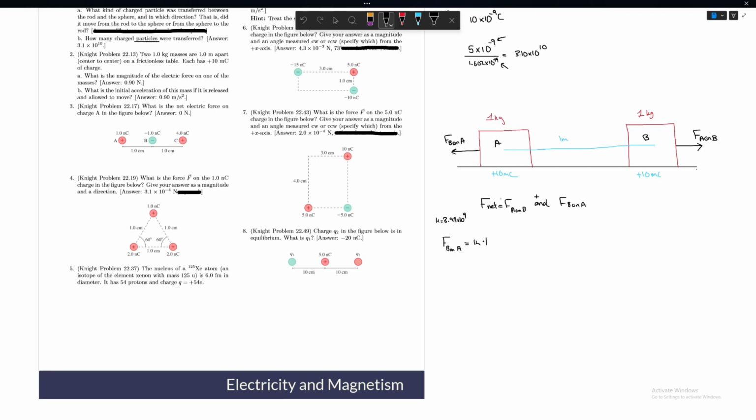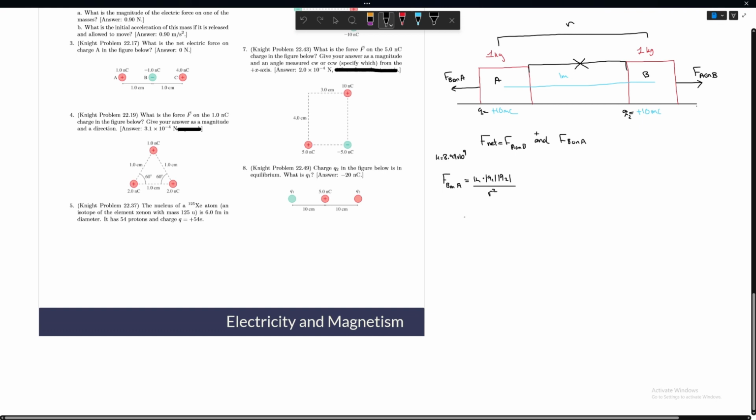Times Q1, let's say this is Q1, and this is Q2, times Q1 times Q2. This is a given equation, all divided by R squared, and the R squared is from the center of the object. This is your R, not from here.